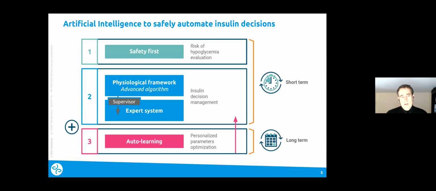In order to do that, we need a complex algorithm. Why does it need to be complex? Well, because diabetes is complex, the body is complex, it's just not simple. So we have a safety layer that's a hypo minimizer that recognizes situations where there's a risk of hypoglycemia.